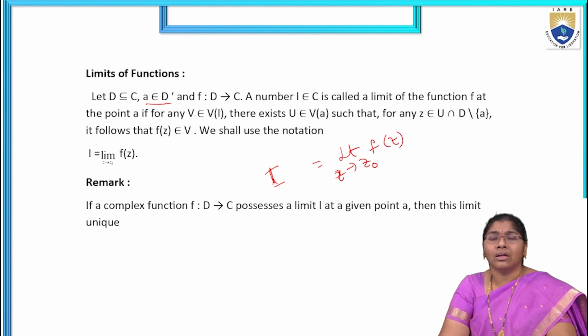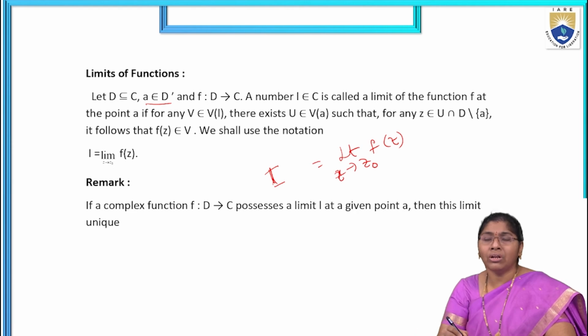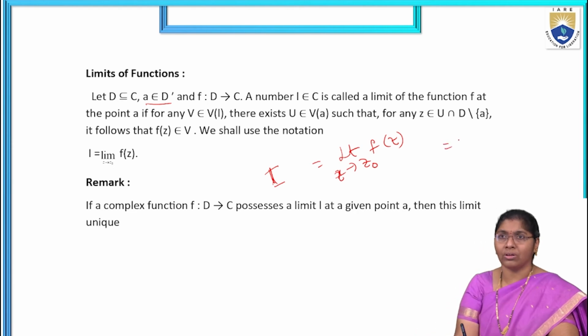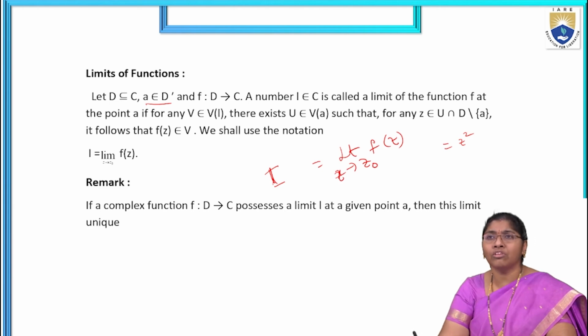Now, the remark is, if a complex function f from D to C possesses a limit L at a given point A, then this limit is unique. It is always unique. Now, for example, if I am considering z square or anything, we substitute that. If the limit exists, then the limit is acceptable.